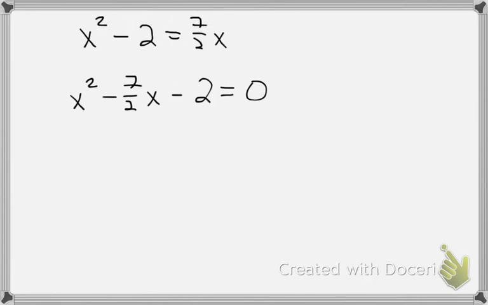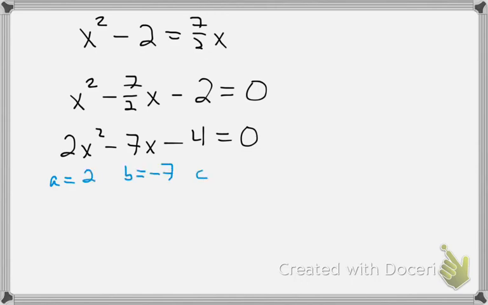Alternatively, what could I have done? Multiply everything by 2, so 2x squared minus 7x minus 4 equals 0. You guys agree? Using your LCD? In which case, A is 2, B is negative 7, and C is negative 4. Make your lives a little easier.